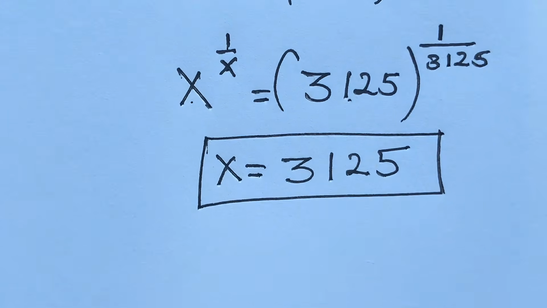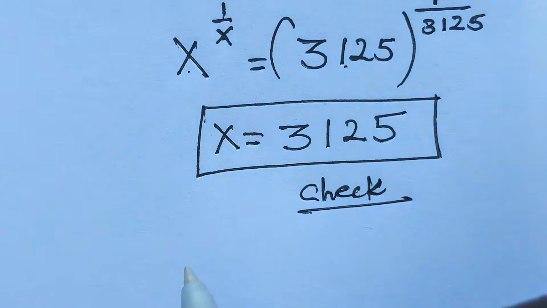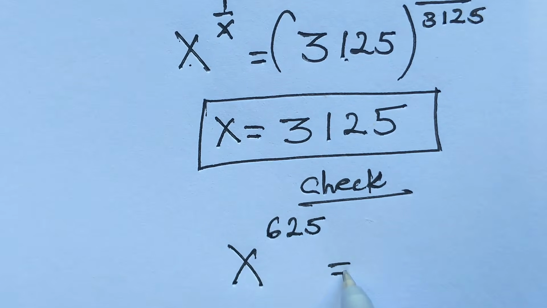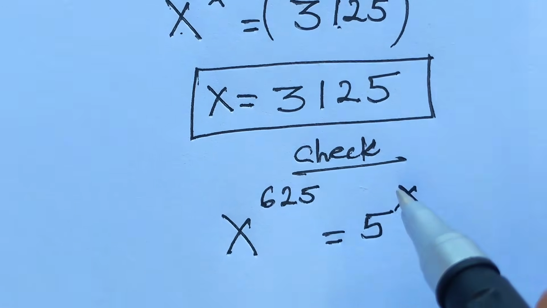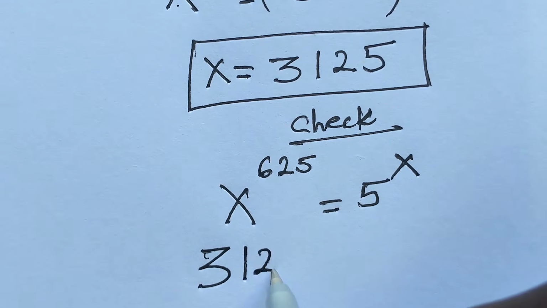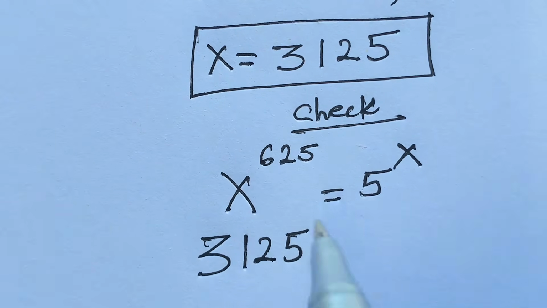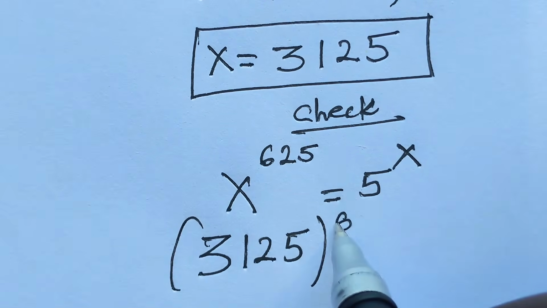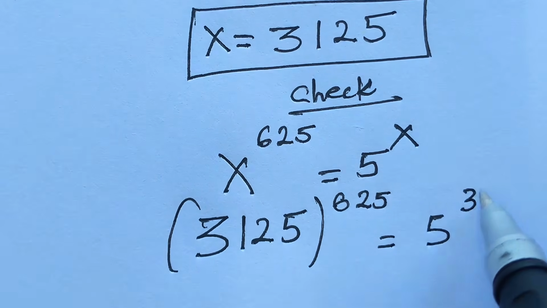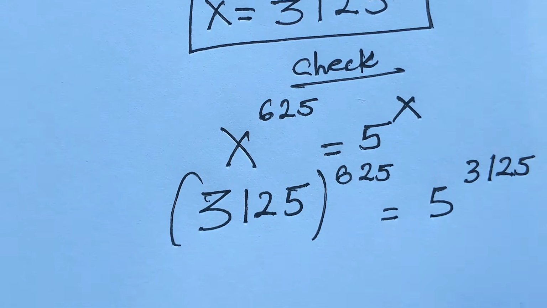And of course here we can check if the answer is correct, because we were given x^625 equals 5^x, and of course here we have 3125 as this one. Then 3125^625 equals 5^3125.